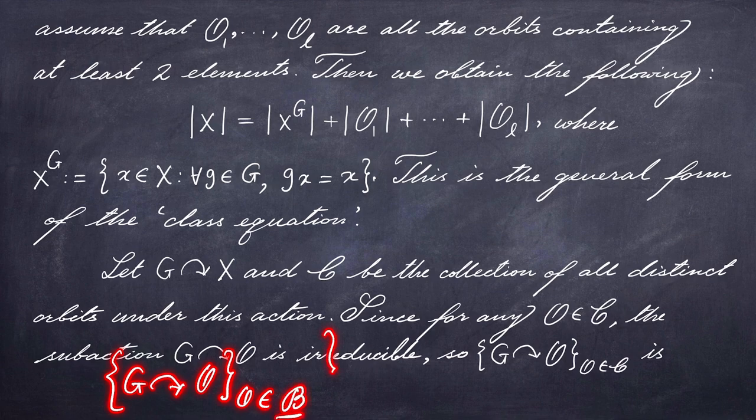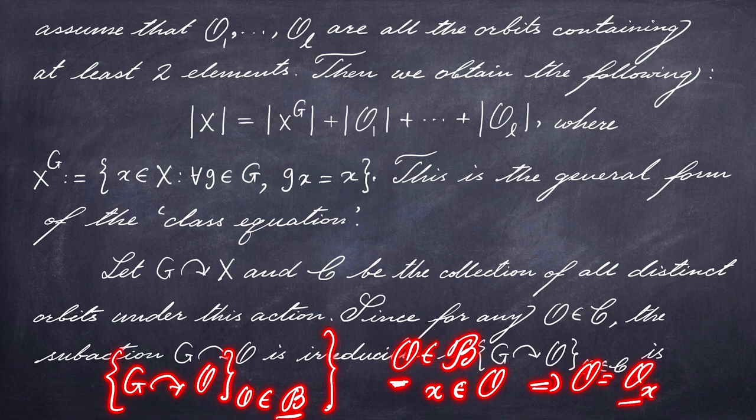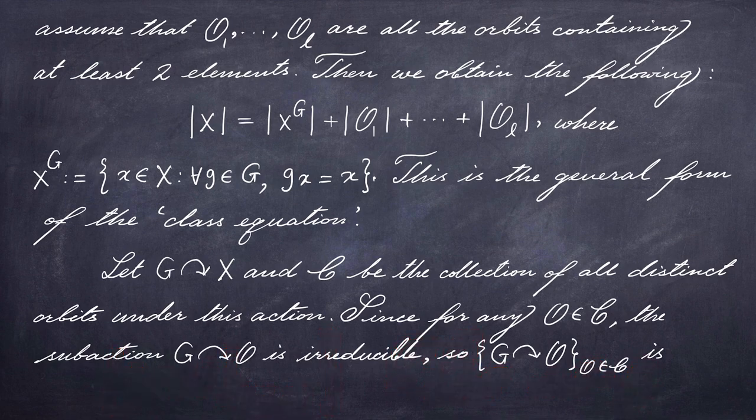If we are given any decomposition of the given action, for each O belonging to this collection, pick any x. Now it's easy to see that O has to be the orbit of x under the action. So if we are given any decomposition, then the corresponding invariant subsets must be all the orbits under this action.